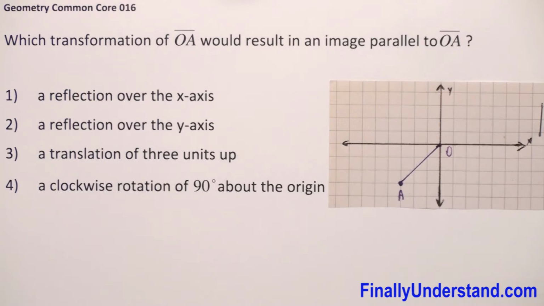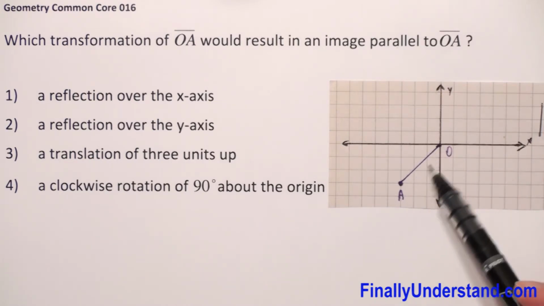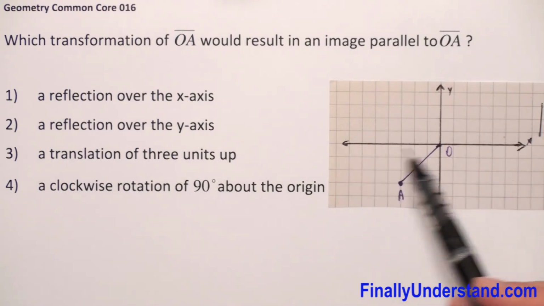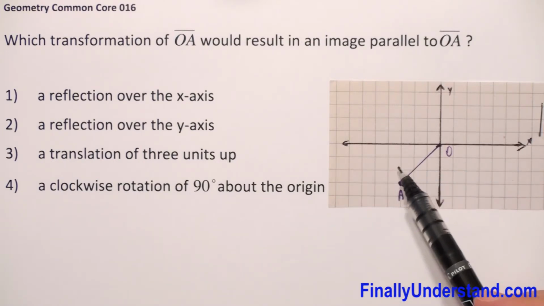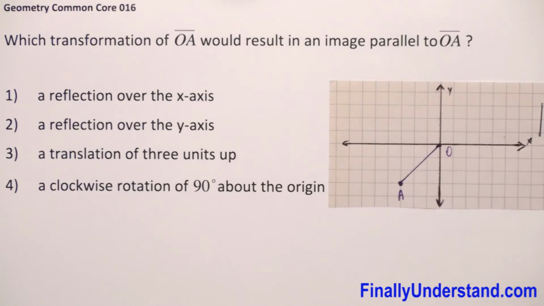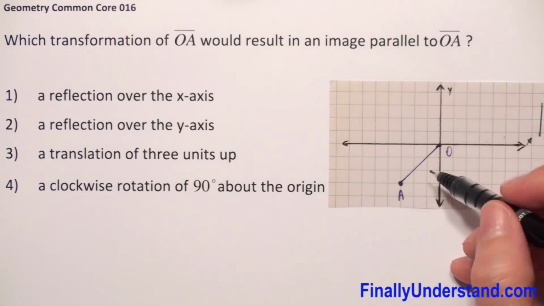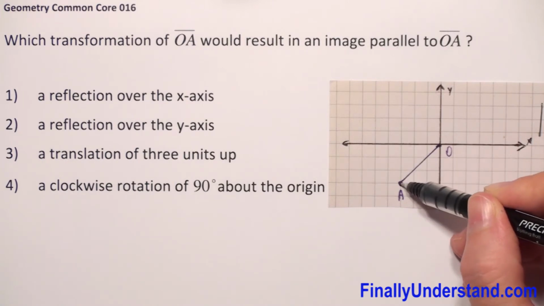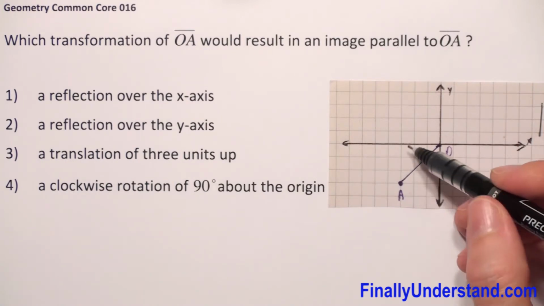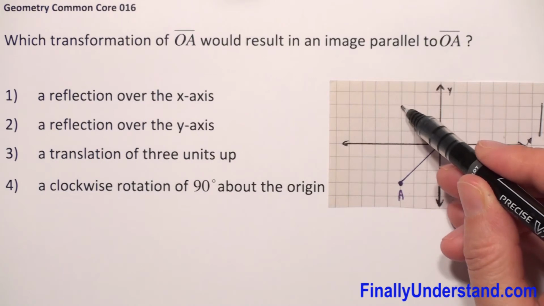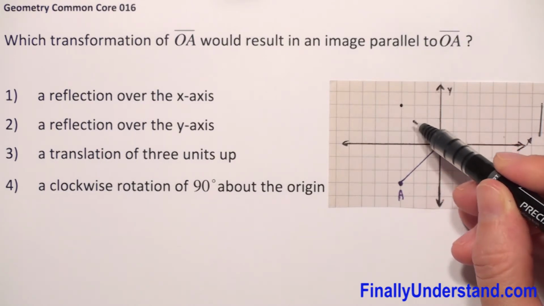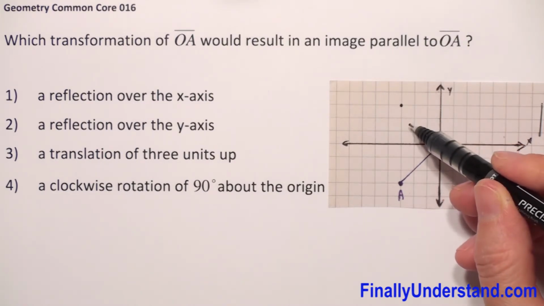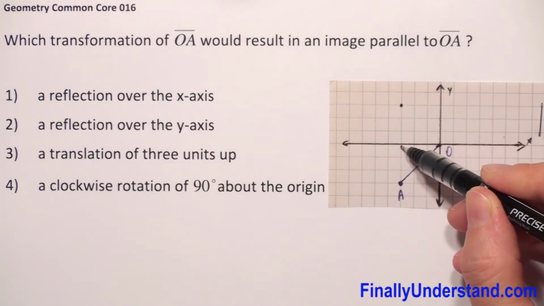When we reflect our segment over the x-axis, the first coordinate stays the same. So if point A is 3 units down, we can count, now it will be 1, 2, 3 units up, and the first coordinate is the same.